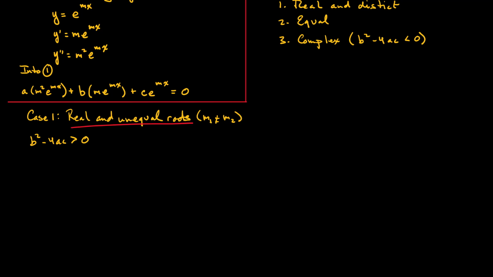So then the two solutions will be of the form y1 equal to e to the m1x, and y2 of the form e to the m2x. And you can check that these are linearly independent solutions. This gives us the general solution y equal to c1 e to the m1x plus c2 e to the m2x.